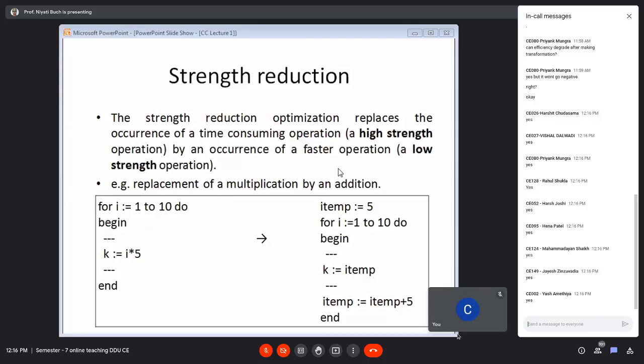Next transformation is strength reduction. So what is strength reduction? We are going to replace the operation. We are not changing the meaning of the code. We are simply replacing an operation which is time consuming by a faster operation.